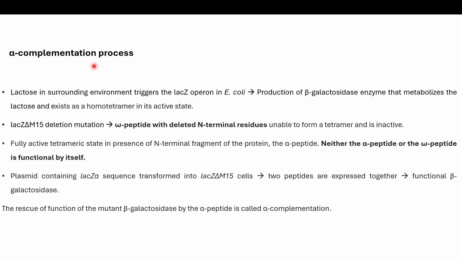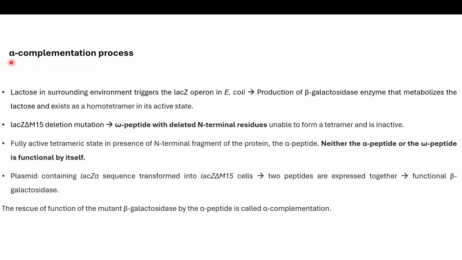Now, when we talk about recombinants and transformants that we talked about in the previous slide, there is something called the alpha complementation process. We looked at the antibiotic selection marker, right? So alpha complementation is another way to see if your host cells have been able to take up the recombinant DNA or not.